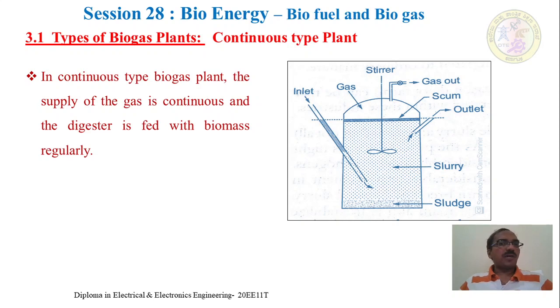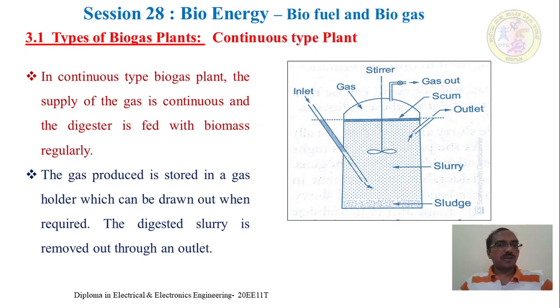So the supply of the gas is continuous, and the digester is fed with the biomass regularly. That is most important. The gas produced is stored in the gas holder, that is the upper dome, whatever we have shown over here. And then whenever you require, you can open the gas out valve and use it for your purpose and then close it. So this gas will be stored in that.